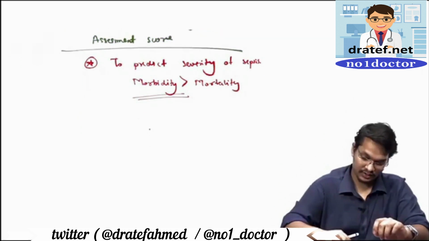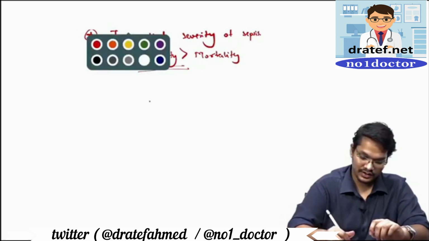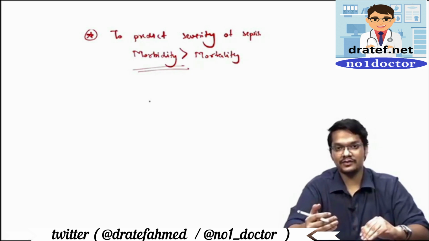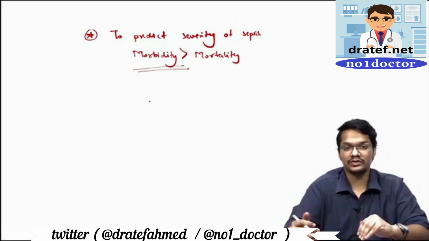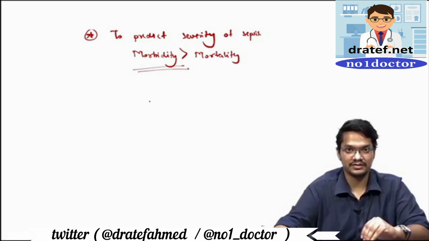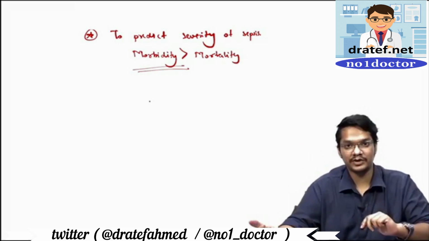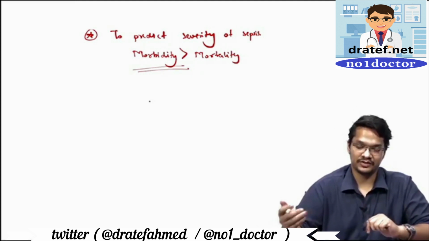Okay, now the SOFA score is essentially a score which includes values as a representative of all the organ systems. There are one or two values which are used as a representative of a particular organ system, and the change in those values reflects that particular organ system is being affected by the process of sepsis.